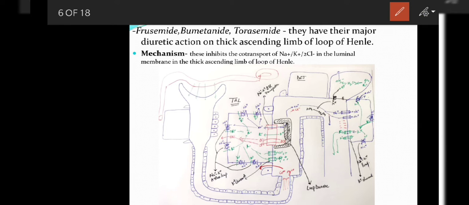Now, here the sodium reaching at this part, most of it will appear in the urine, but extra sodium will be taken by these special channels on the luminal side, and sodium enters into the principal cells of the collecting tubules.